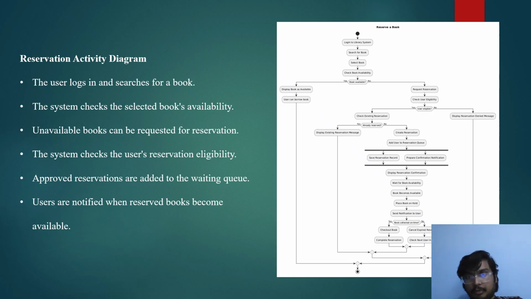You can see that after logging in to the library system, you search for the book and check its availability. If it is available, things should go like this. If it is unavailable, things should go like this. As we talked about, if it is unavailable, you should register for the reservation.